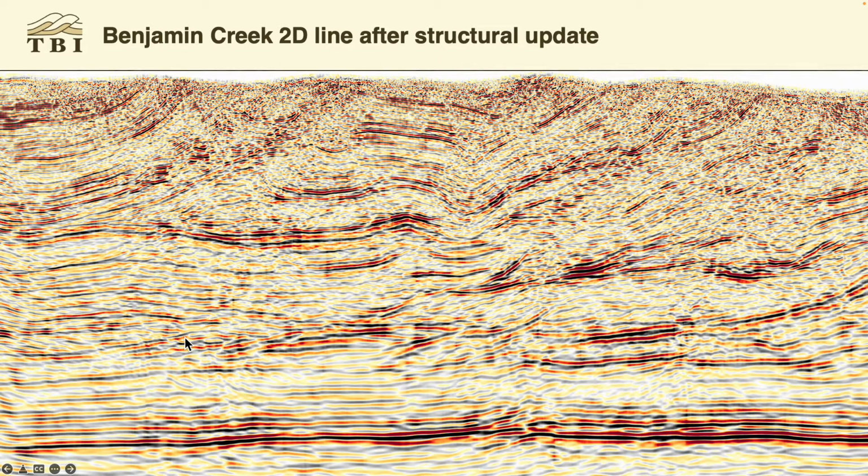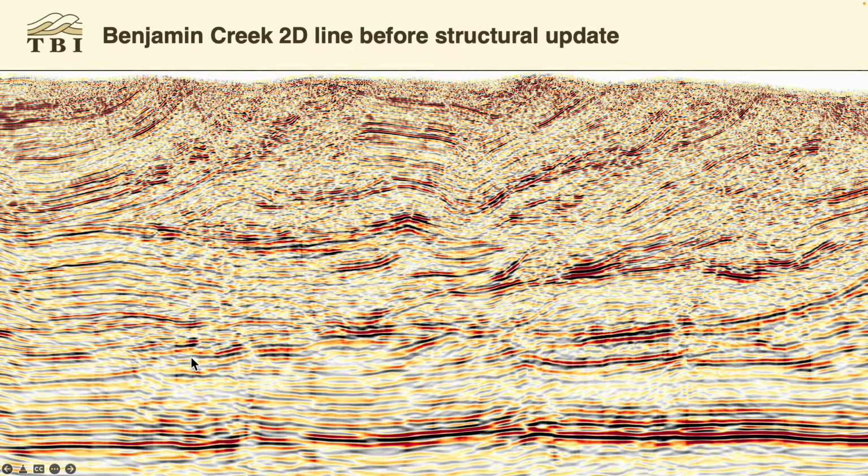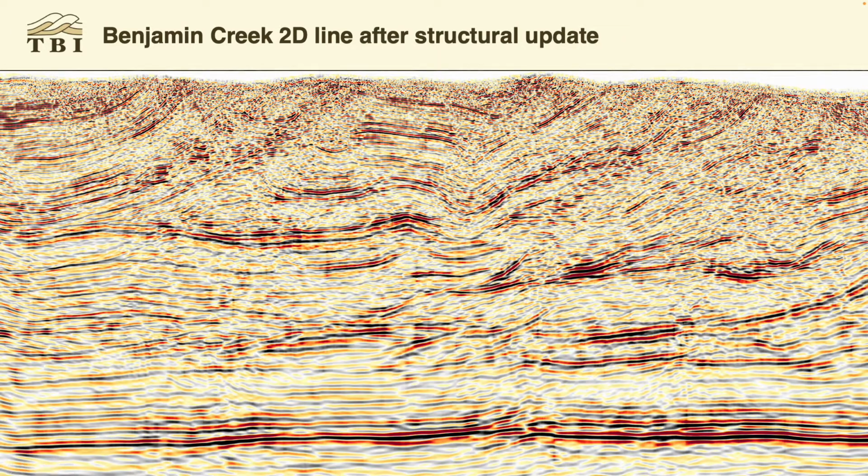And that's the nice thing about depth imaging from an interpretation standpoint, is that we can test different model scenarios and see how the data responds to it, and see, okay, this definitely confirms the hypothesis that we need a different structure near the surface. Also, we've got this nice fault plane reflector running in through here that we didn't have before, and now we're able to put that into our image.